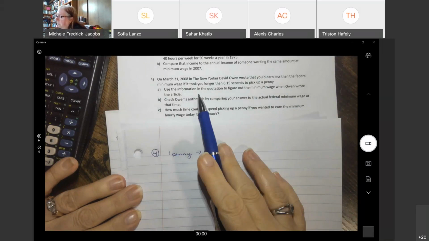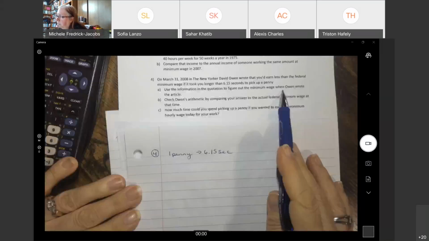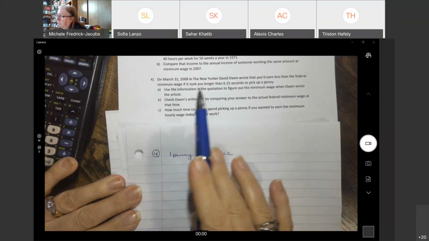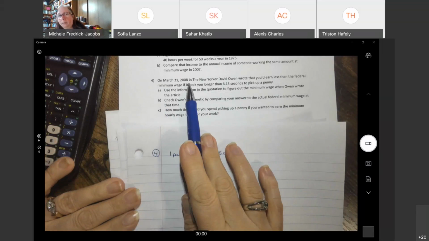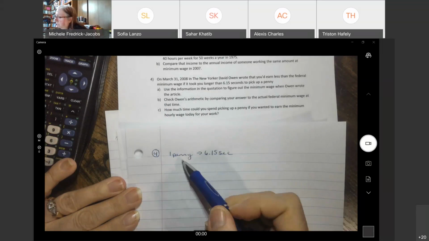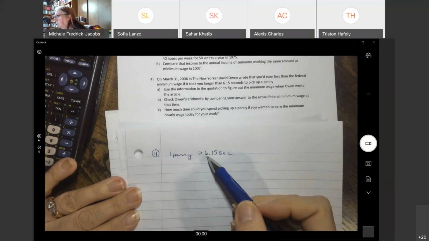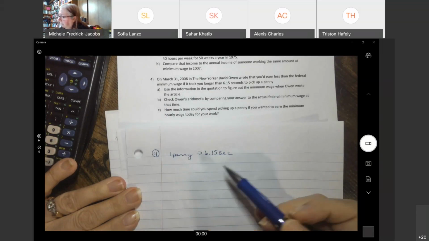Use the information in the quote to figure out the minimum wage when Owen wrote the article. So he wrote the article on March 31st, 2008. If it takes 6.15 seconds for 1 penny.